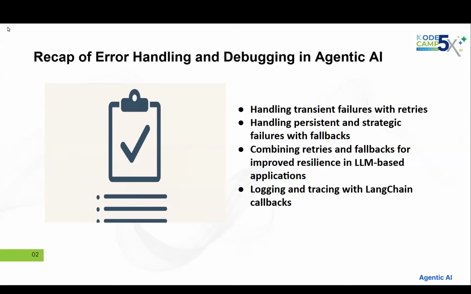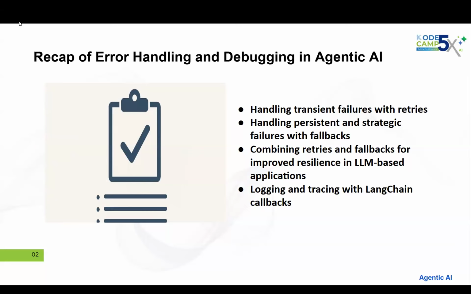On LLM, you mean? Yes, on LLM start and on LLM end. Those events are on LLM start and end, on tool start and end, on LLM error and on tool error. We also did logging and tracing using LangChain callbacks.